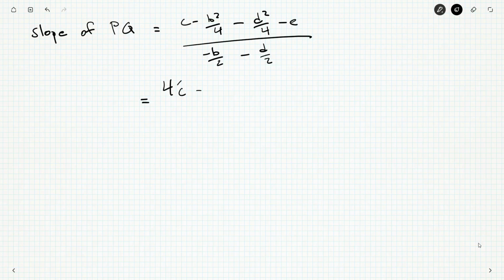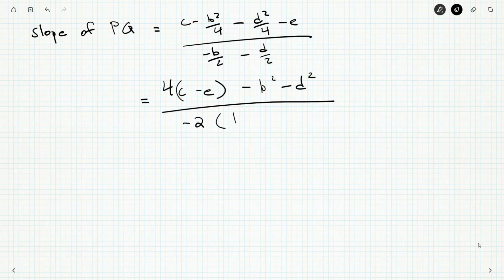And I'm going to group the c and the e together. So minus b squared minus d squared. And then we'll have negative 2b plus d here. And I guess I can make this b squared plus d squared there.